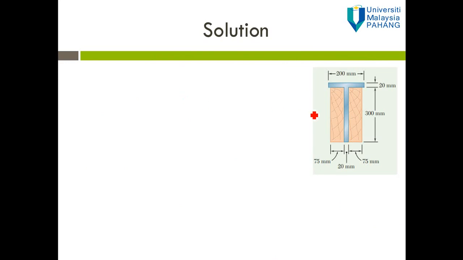This means that the neutral axis is located 0.2 from the reference line. So that's the neutral axis and that's the centroid.